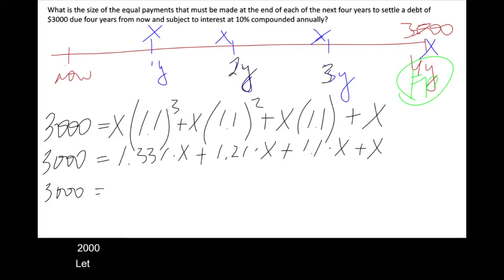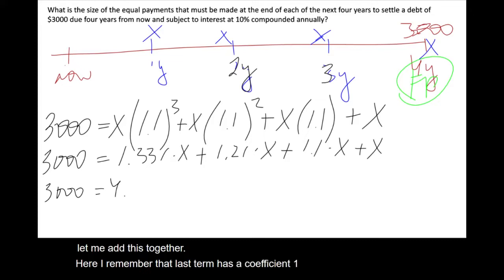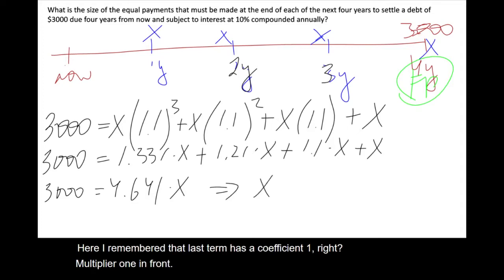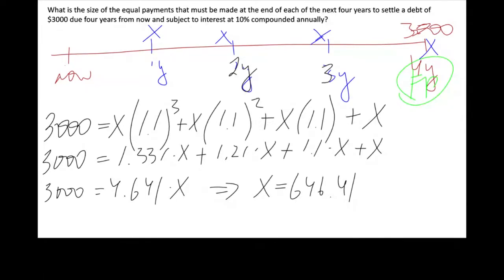Let me add this together. Here I remember that the last term has coefficient 1, right, guys? Multiplier 1 in front. Okay, so let me know when you're done.